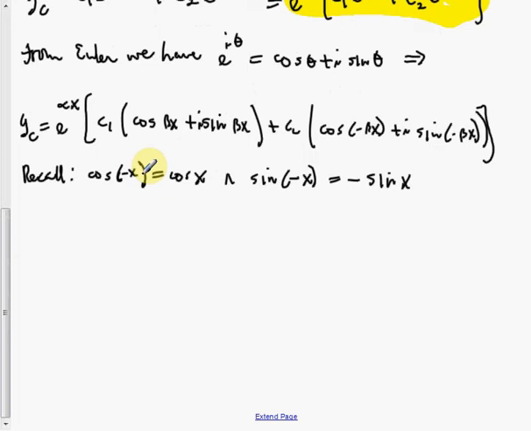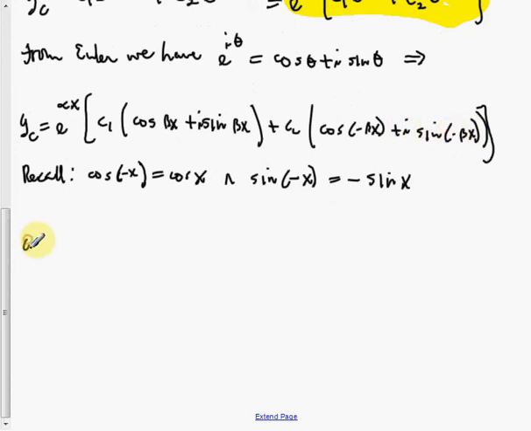So using those two identities from trigonometry, we can represent this cosine negative beta x. That's just going to be cosine beta x. And then this sine negative beta x is going to be negative i sine beta x.